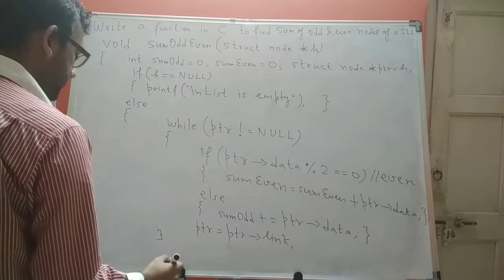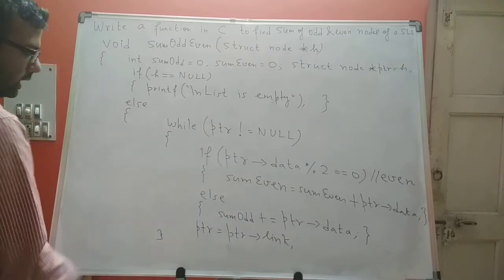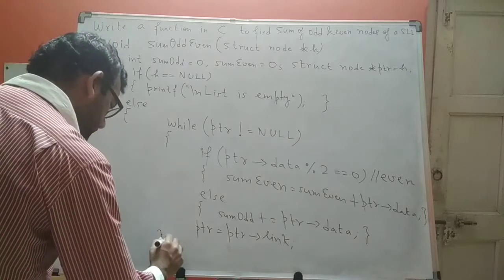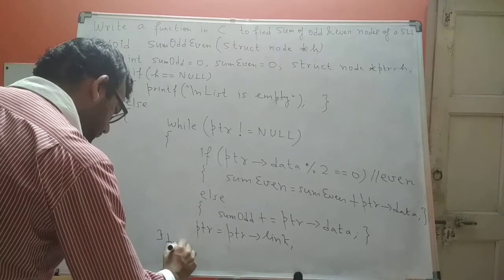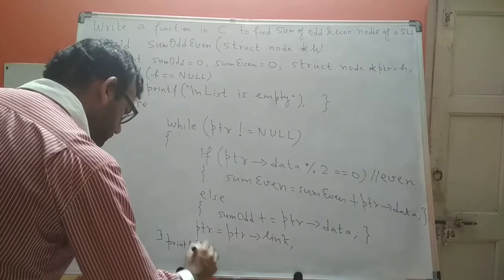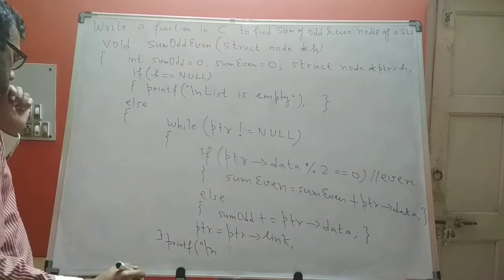So after the list is traversed, what I'll do is simply print out the values. So I'll say printf. \n will take me to the new line.